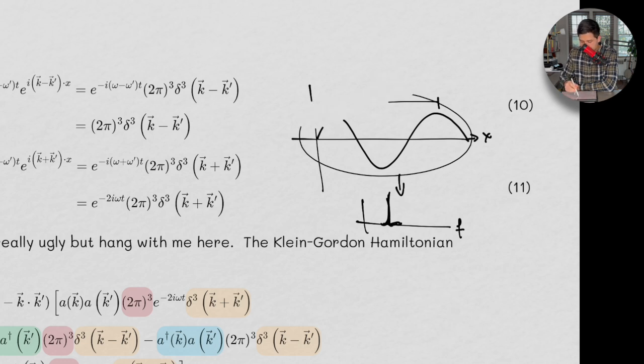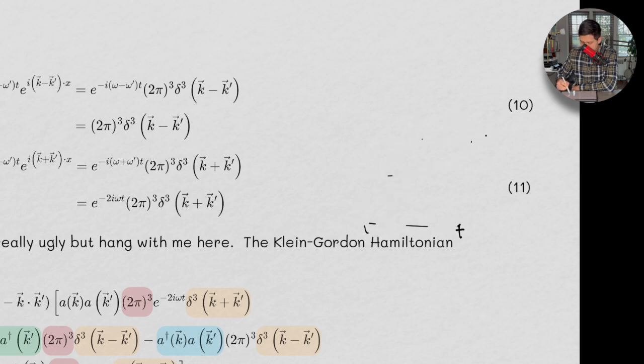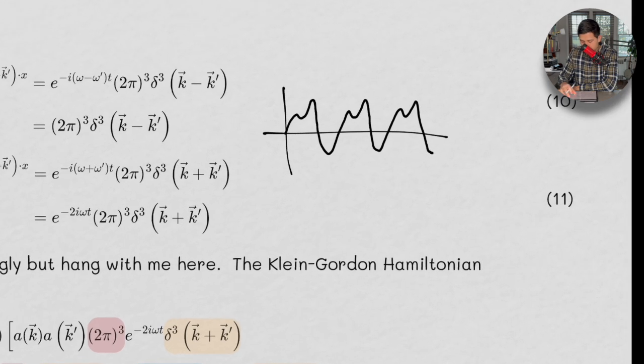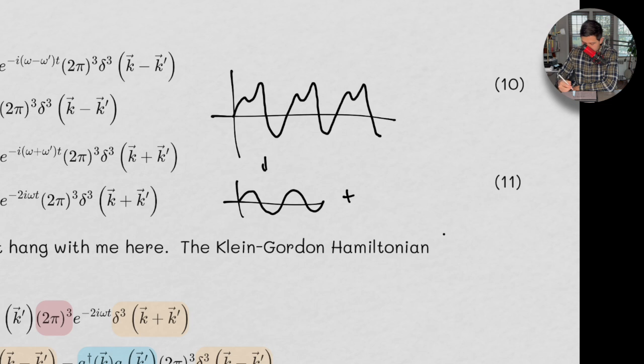Now, when you have a wave that looks more like this, say, we have now this thing is equal to this wave plus this wave, say.